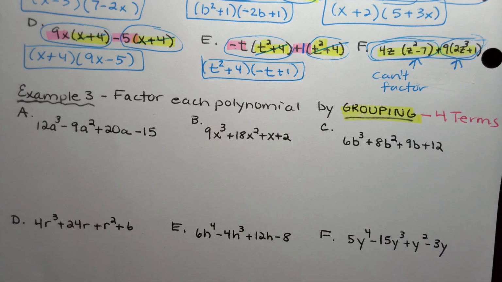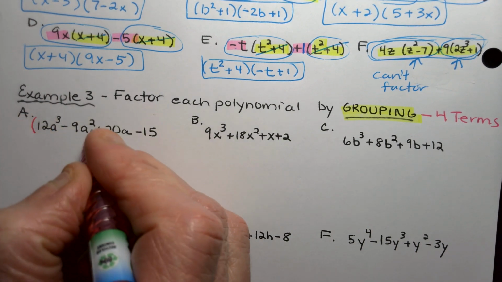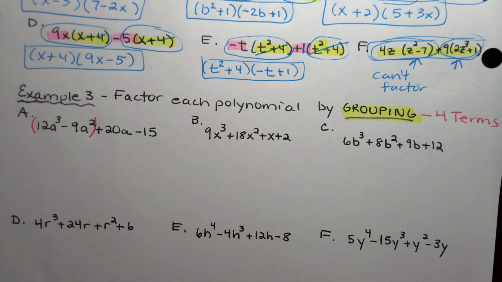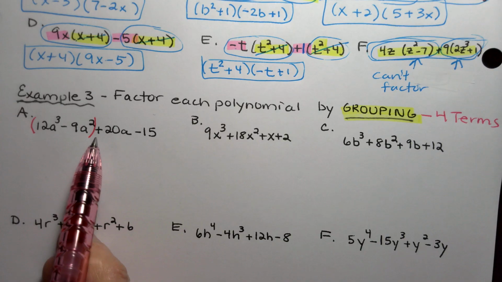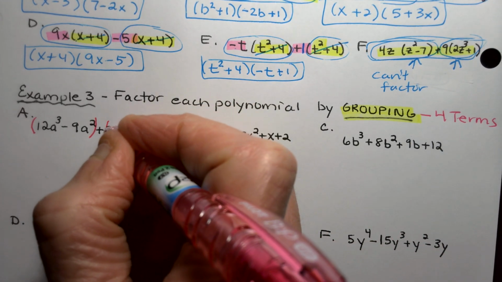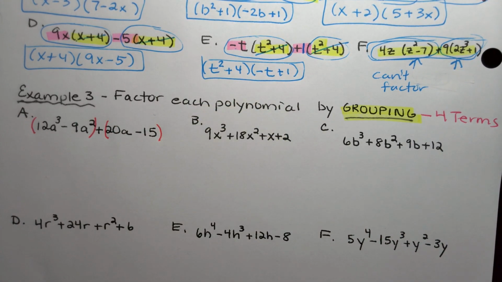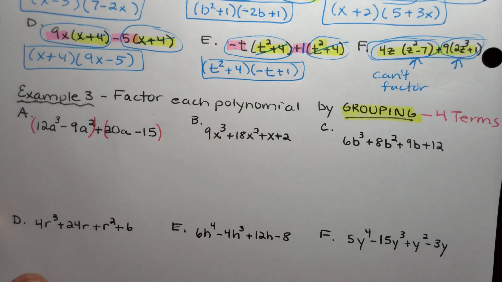So we are going to now put in parentheses. The first step is we put in parentheses around the first 2 terms. And then you leave that addition there, and then you go right after it and put your second 2 parentheses in. So I'm going to write this somewhere else on this page so that you have it.